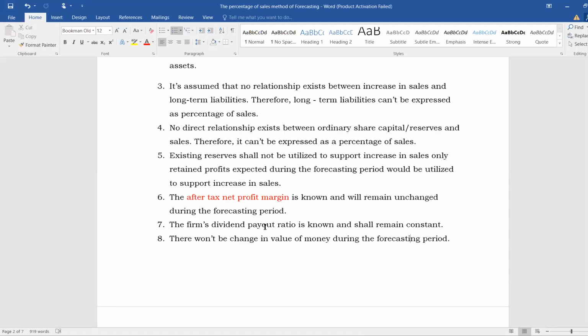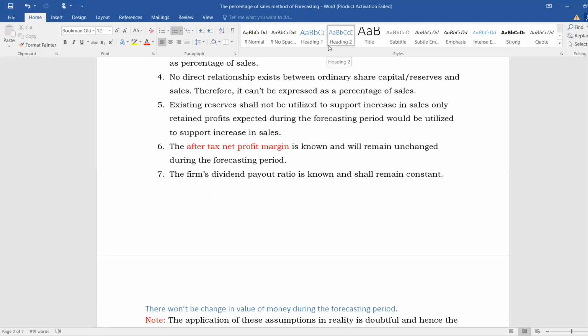If this ratio is not given for the current financial year, or you're not informed of the firm's current after-tax net profit margin, then work it out: profit after tax divided by sales times 100. But the assumption here is that that profit ratio is known and will remain constant. So we shall use it to forecast the net income of the firm as at the end of each forecasting period.